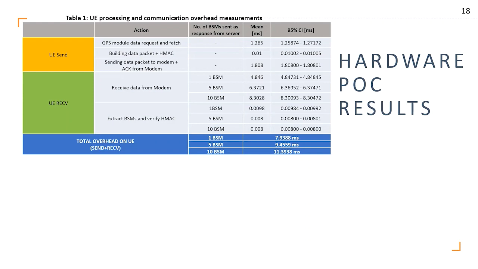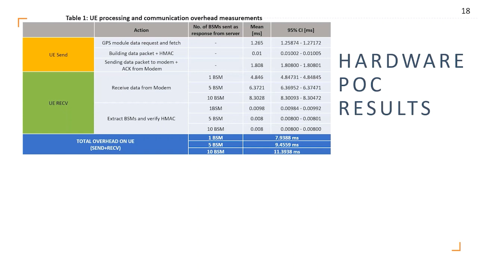Coming to the hardware setup results, we split the evaluation into UV processing and internal communication overheads and the network round trip delay. Here in table 1, we see the various measures for different processes involved in getting the GPS information, building the payload, and communicating with the modem or the GPS module. In the case of receiving relevant BSMs of other UVs from the server, we measure the overhead for 1, 5, and 10 BSMs.